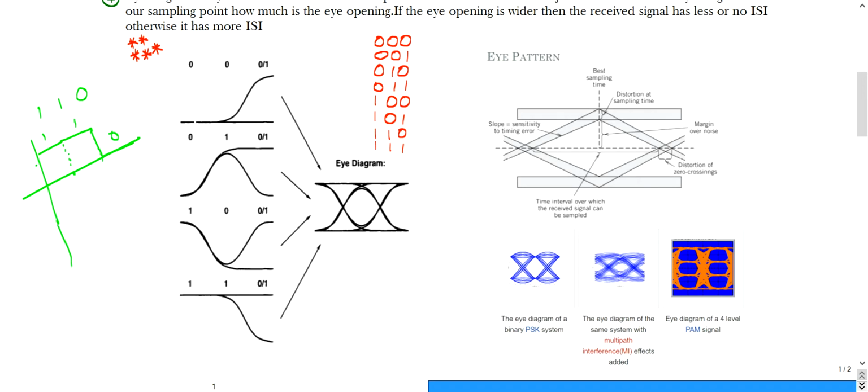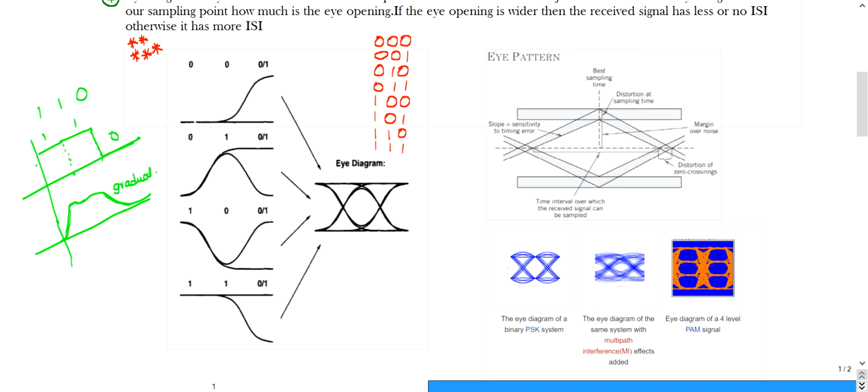But in practice, this is 1, it takes some time, the setup time, which you might have studied in digital electronics. Then 1, and finally it takes some time, called hold time, so it may not be sharp. What I mean to say is, in practical scenarios these edges may not be sharp. They are gradual, not sudden. That is the one point I would like to insist on before going to the eye diagram. If you have understood this, that's not a problem.